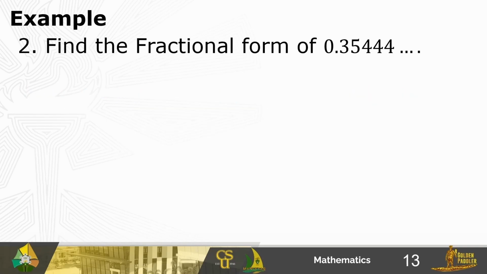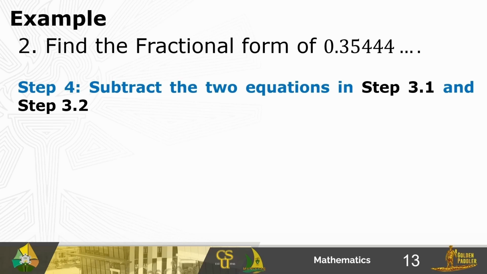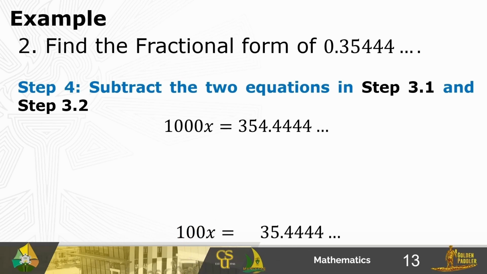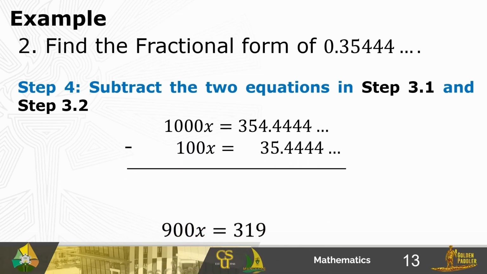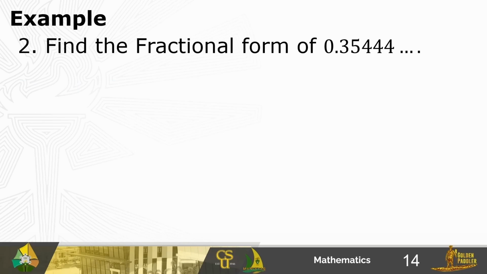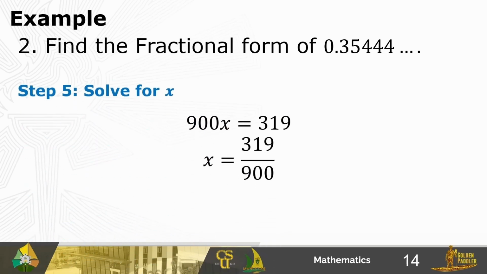For step number 4, we subtract the equation from step 3.1 from step 3.2. So 1000x is equal to 354.444... minus 100x from step 3.1. We get 900x equal to 319. For step 5, we solve for x. So 900x is equal to 319, so our x here is 319 over 900 because we divide both sides by 900.